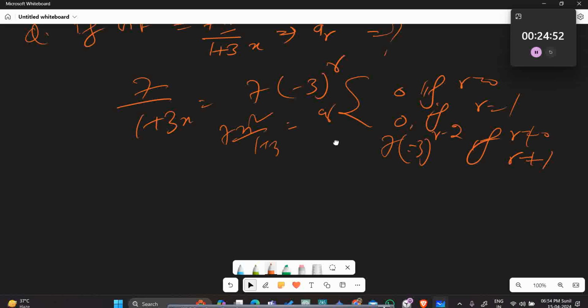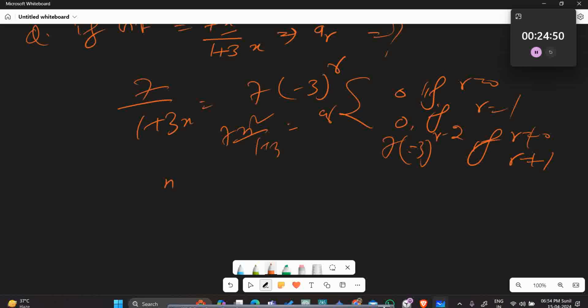How can we do this? n minus 1 plus r C r x to power r, right? Then now x to power r, and here as x square, n minus 1 plus r C r x square x to power r minus 2 here, right? r minus 2.